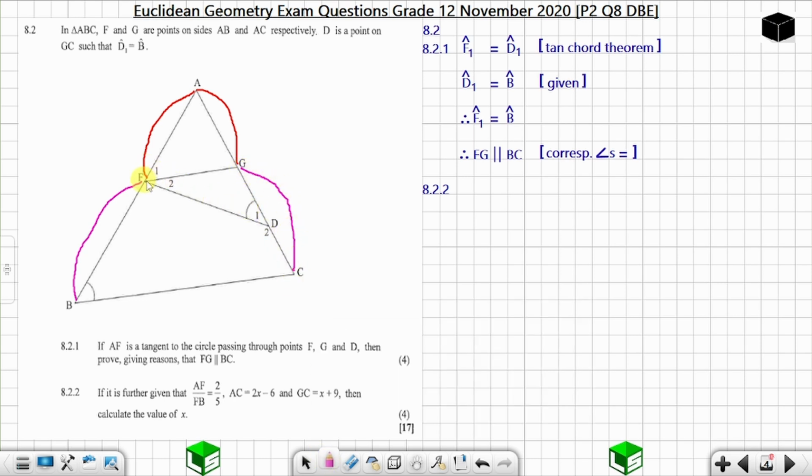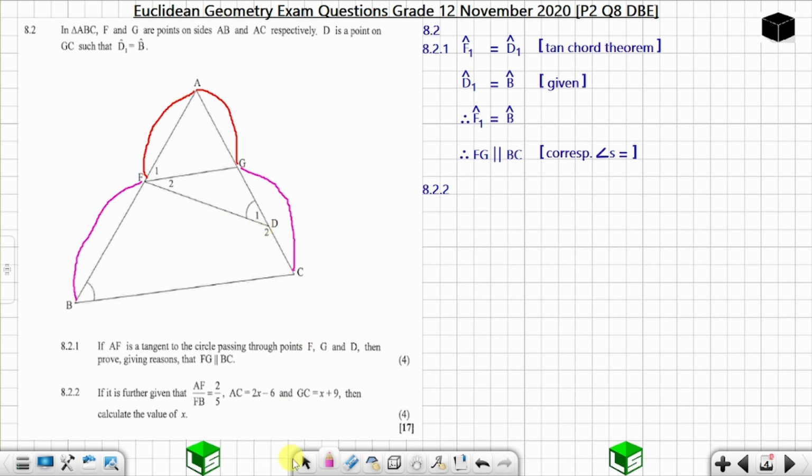Because you have a line parallel to one side of a triangle, you can use this theorem to solve for x.